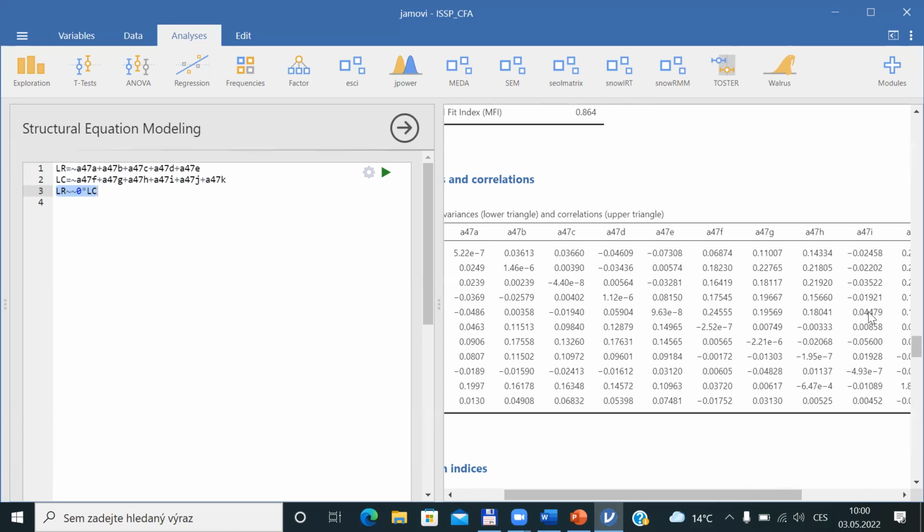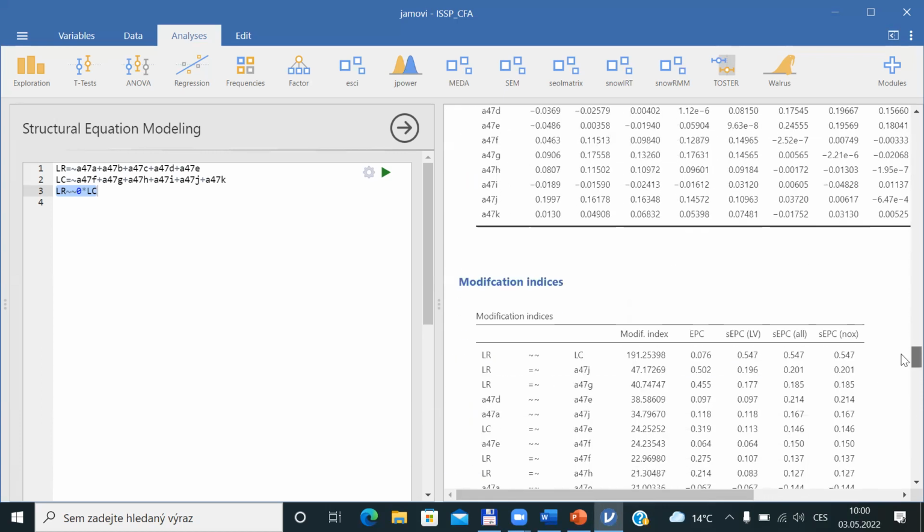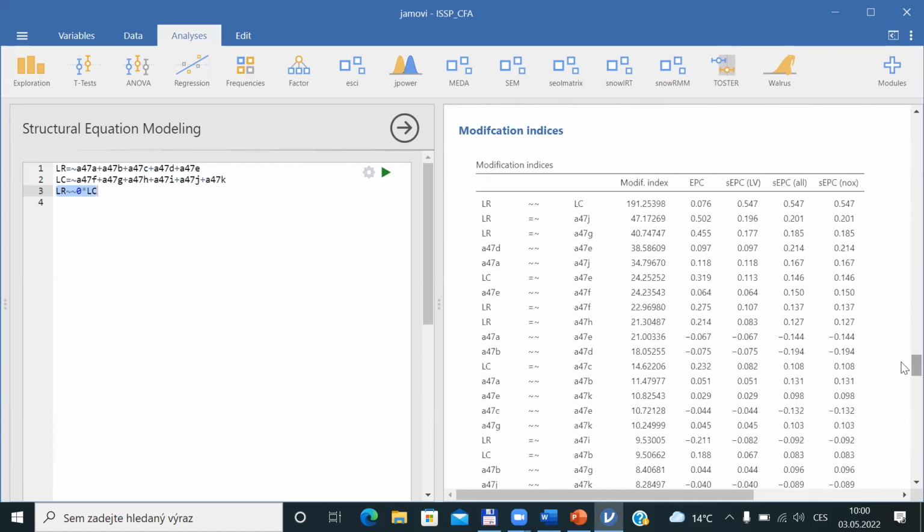And we know, or at least we can expect, that these quite big residual correlations across dimensions are maybe caused by the fact that the correlation for dimensions, so it means for factors, is missing in my model. So that's my assumption. I can go down to modification indices, and you can see this previously discussed assumption in reality.